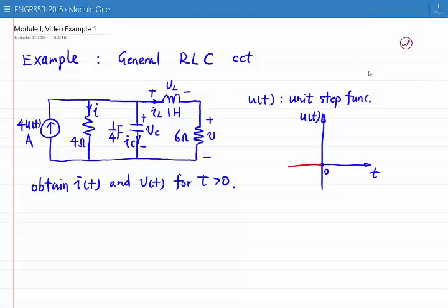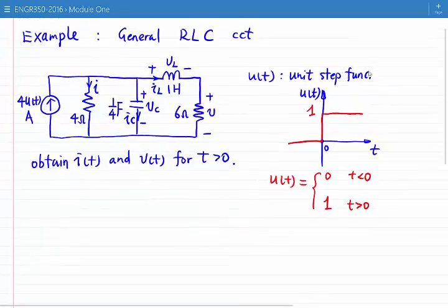When time is larger than 0, the u function is 1. So this is the so-called unit step function. Basically the u function is a two-value function. So u(t) is equal to 0 when t is less than 0, and equal to 1 when t is larger than 0. This is equivalent to a switch operation.